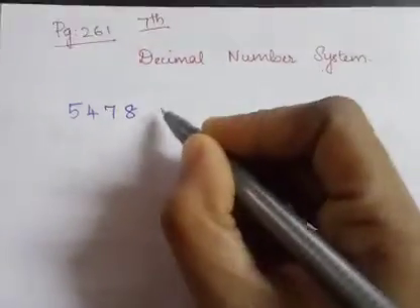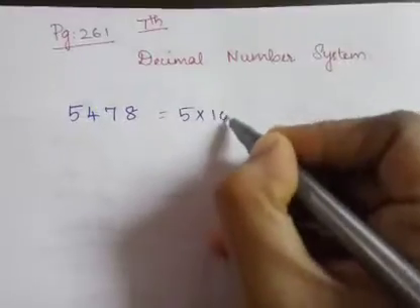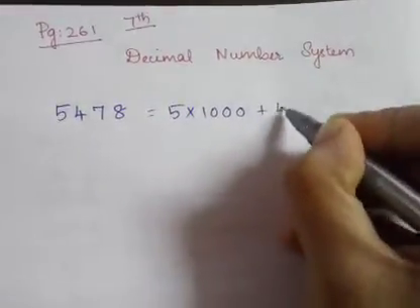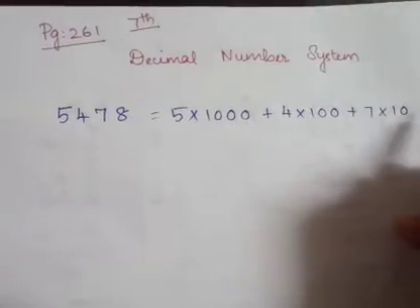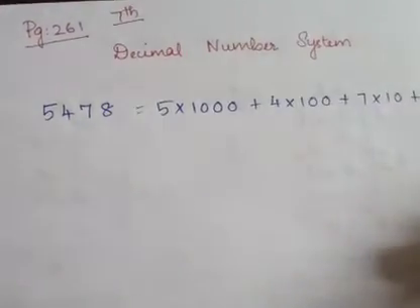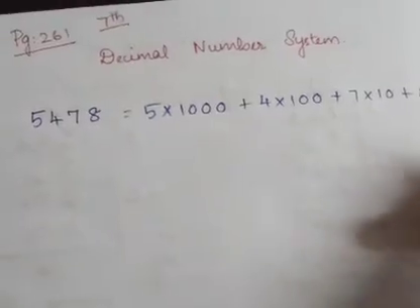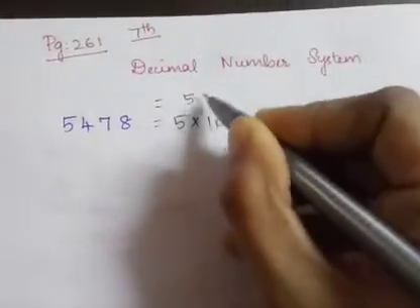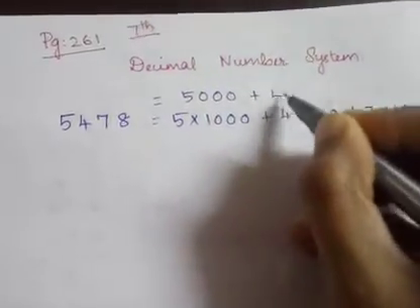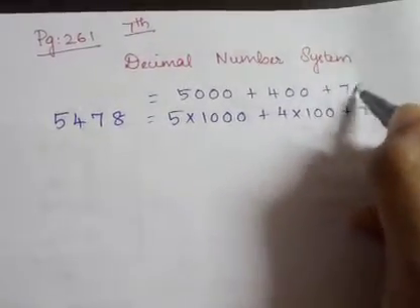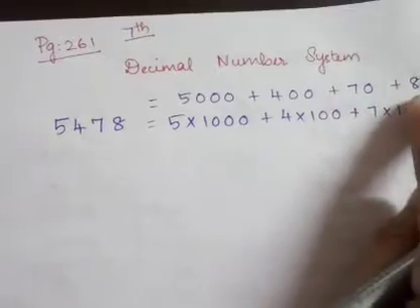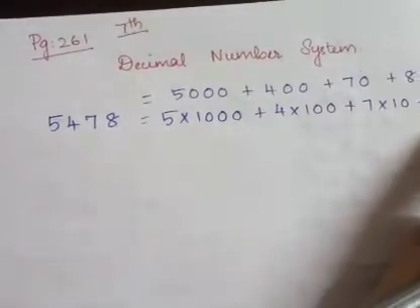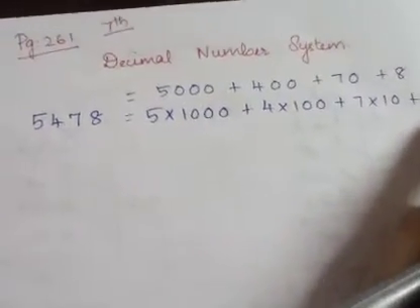Usually, you will write 5 into 1000 plus 4 into 100 plus 7 into 10 plus 8 into 1. Yes. Or else you will expand like this, 5000 plus 400 plus 70 plus 8. Yes, you will either expand like this or like this. Okay, there are two ways to expand it.